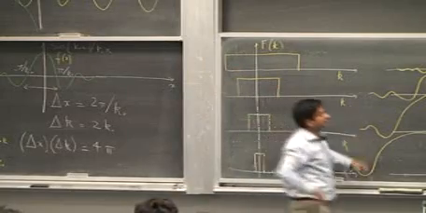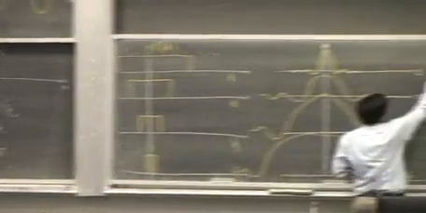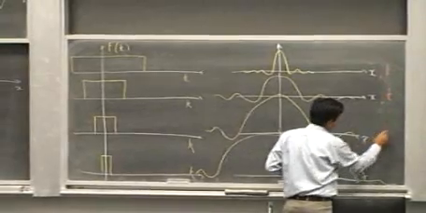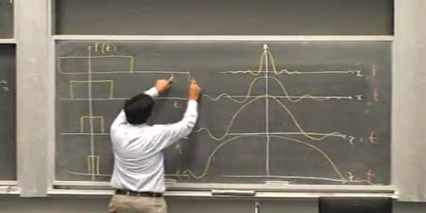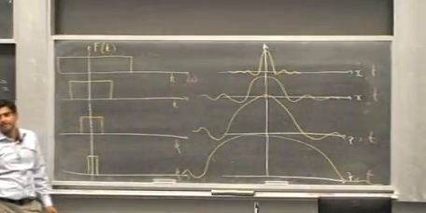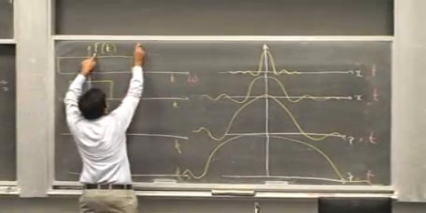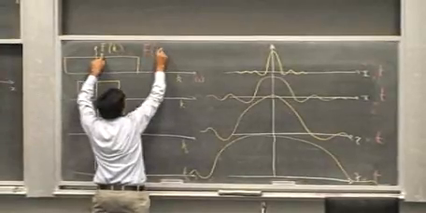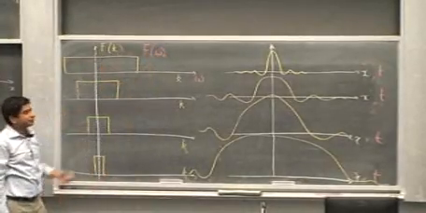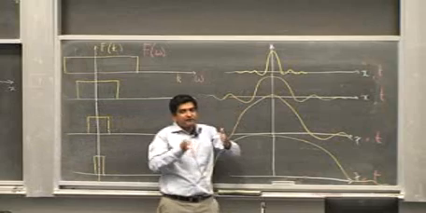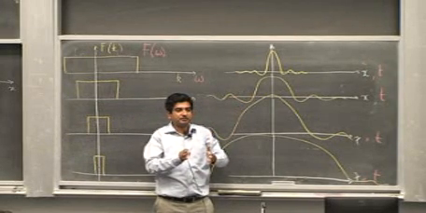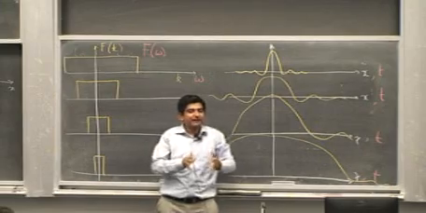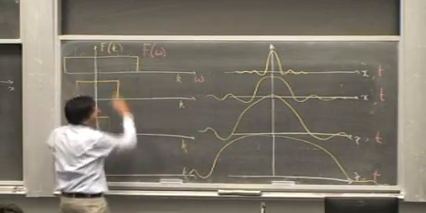Now this can also be time. If this is time here, then there's really no difference. This will become frequency, omega. And this will become f of omega, a function of frequency. So if I would like to have a very sharp pulse in time, I would like to add up a large number of frequencies.